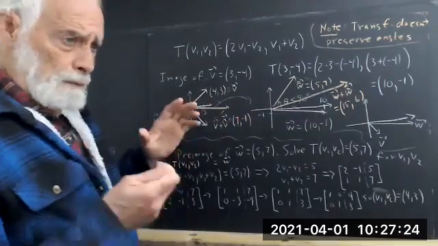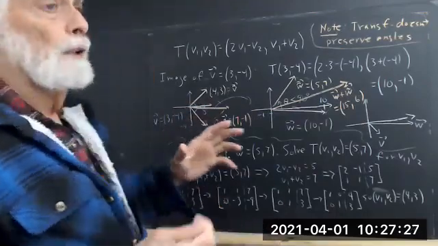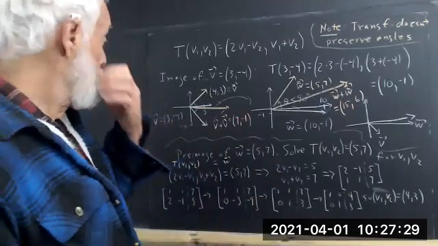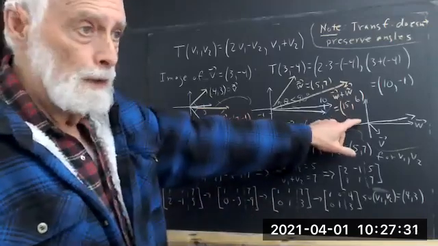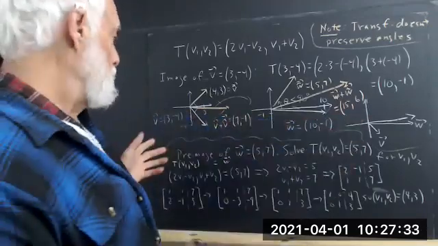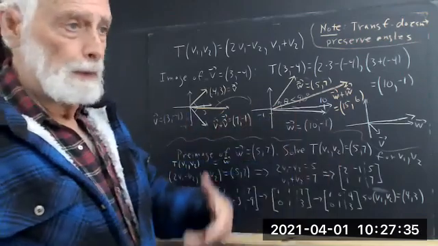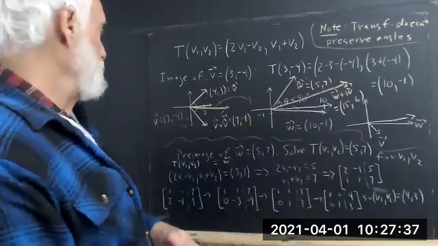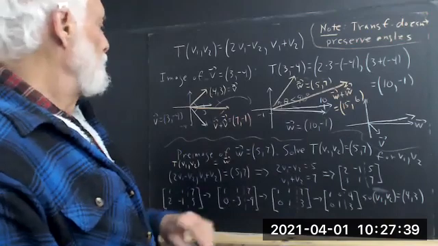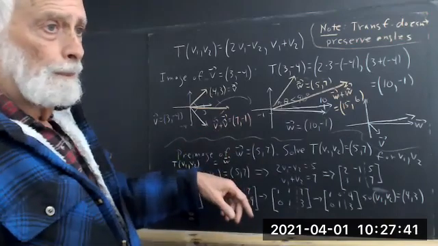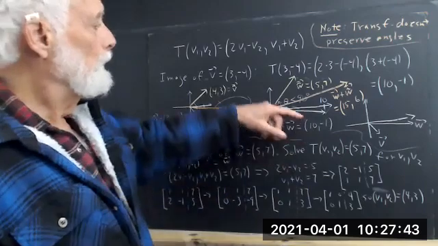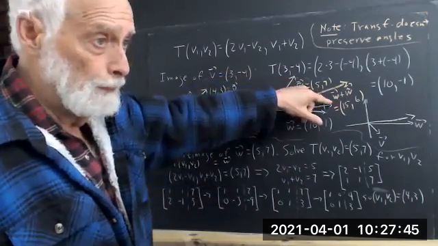Now, if the transformation is linear, then this should be the case. Because the definition of linear transformation, which we haven't given, is that if you transform the sum of two vectors, you get the sum of the two transformed vectors.